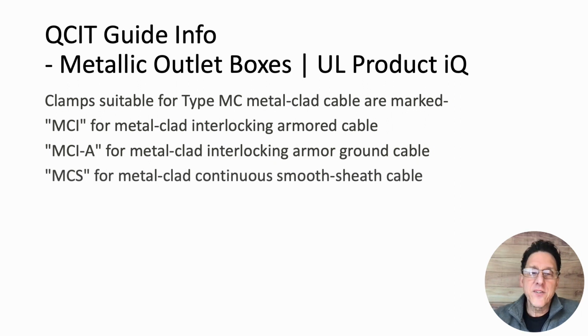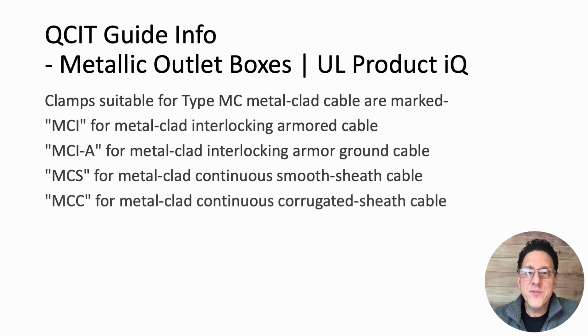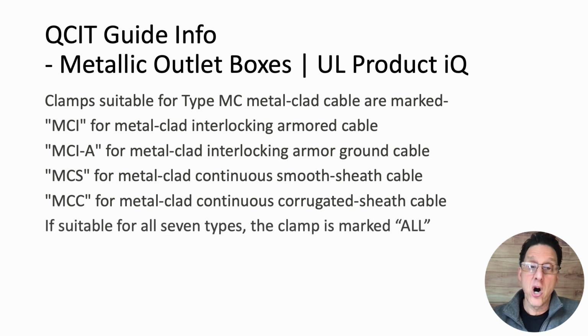MCS, that's the smooth sheath MC cable. And then MCC is the metal-clad continuous corrugated sheath cable. That's a tongue twister there. Now, you might have a clamp that's suitable for all 7 wiring methods, and it would just say all.